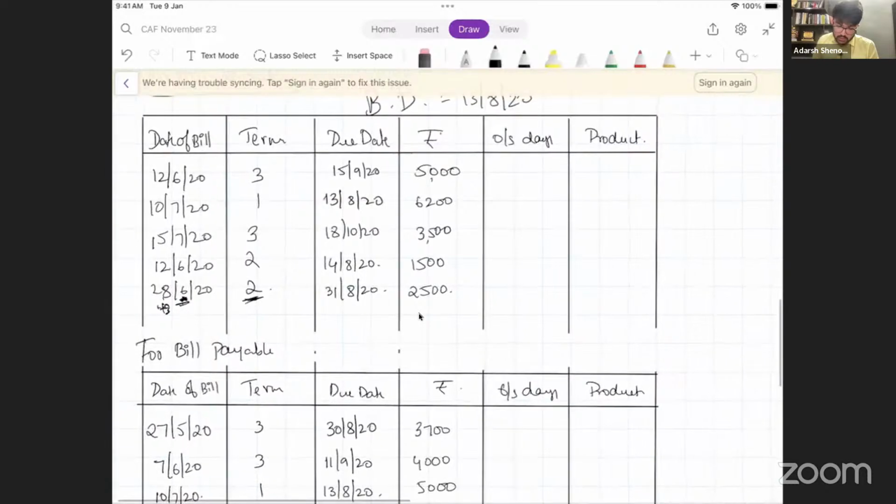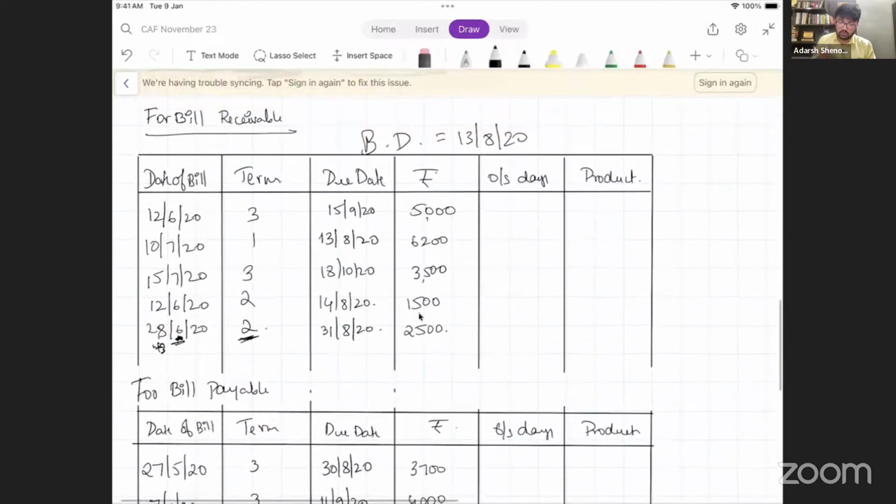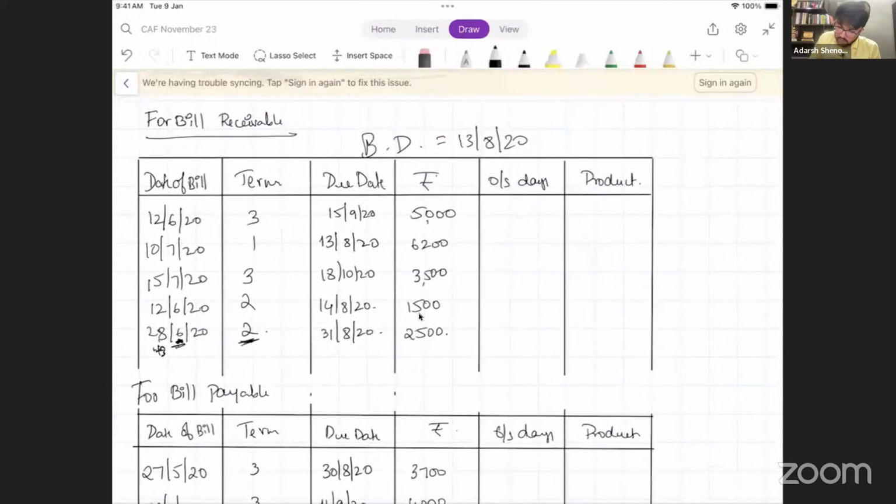Now, go calculate the outstanding days. So 13/8 to 15/9. We have 13/8 in August. How many days are left? We have 18 days left, right? August has 31 days, 13 days are over, so 18 days are left in August, plus 15 days in September: 33.